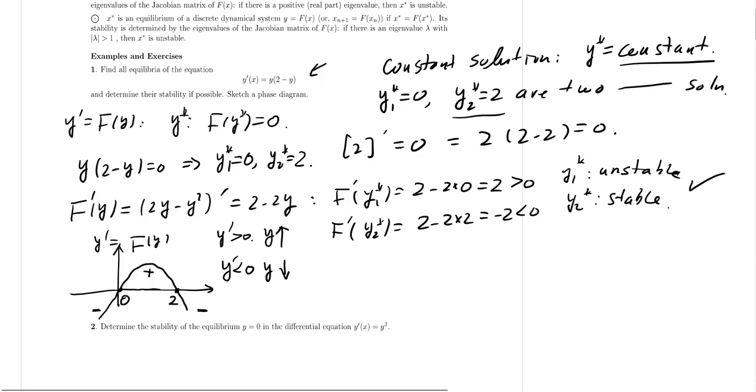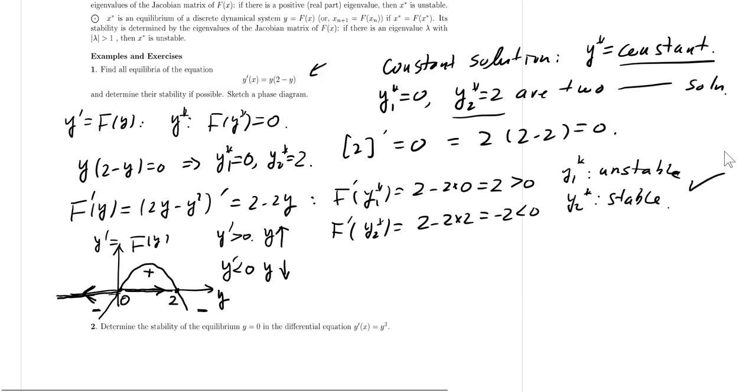So now we are going to add arrows to the y-axis. This is the y-axis. Okay. So between negative infinity and 0, the derivative is negative, so y is decreasing. We use this arrow to indicate that y value is decreasing. And between 0 and 2 is increasing.